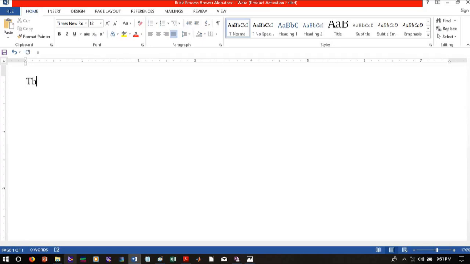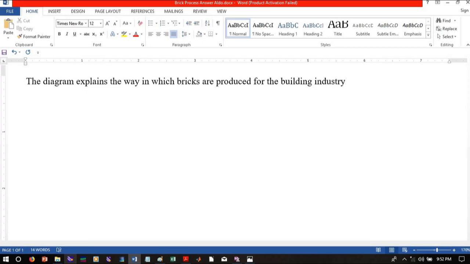So what we should do is write down: the diagram explains the way in which bricks are produced for the building industry. Now this is our beautiful introduction, guys.